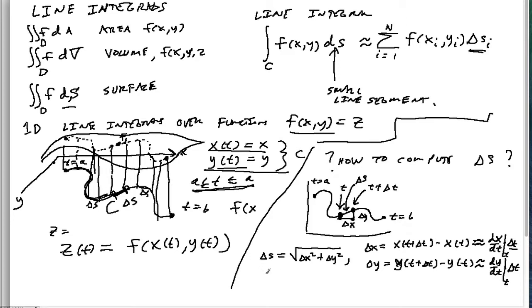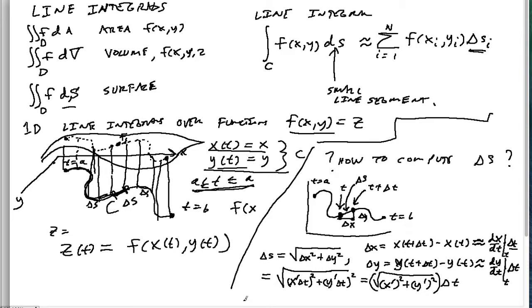So that means that delta s can be written as the square root of x prime times delta t quantity squared plus y prime times delta t quantity squared. We can factor out the common factor of delta t squared and get the square root of x prime quantity squared plus y prime quantity squared, times delta t on the outside of the square root symbol.